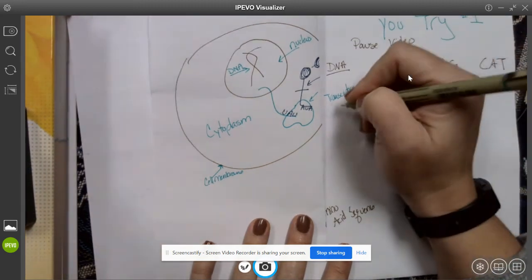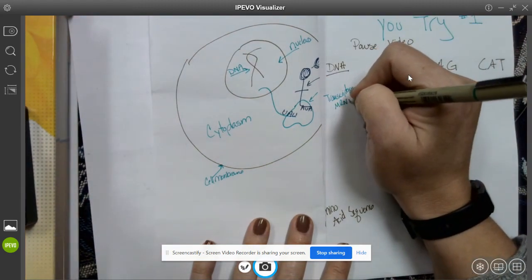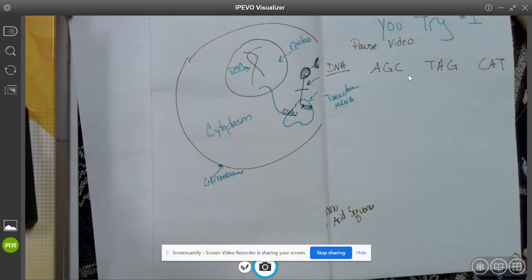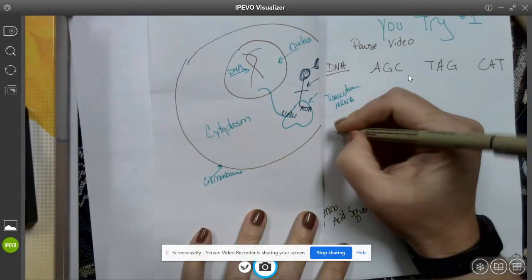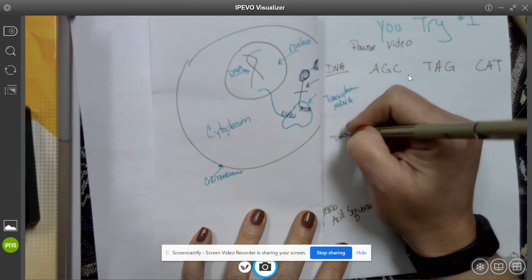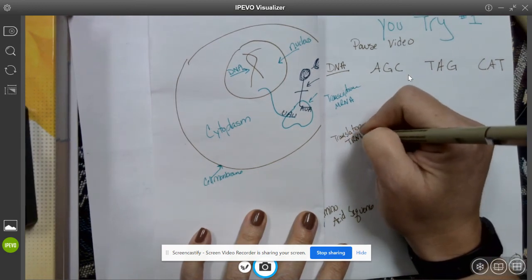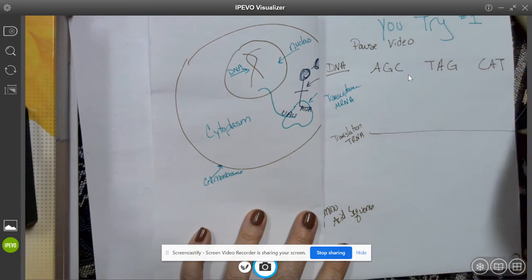You need to figure out what your messenger RNA is going to say. Then you need to do your translation for your transfer RNA, and then you're going to cross that out.